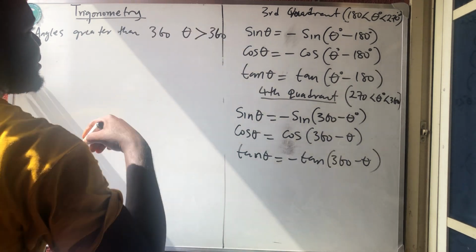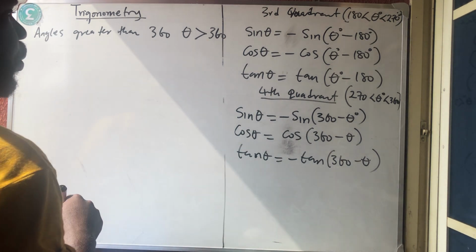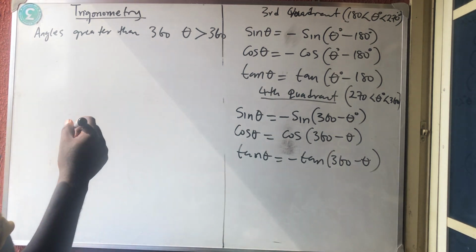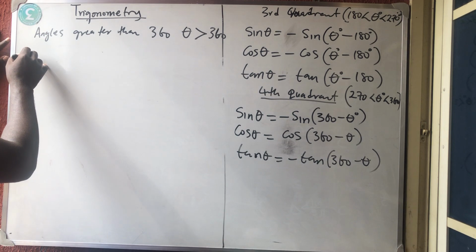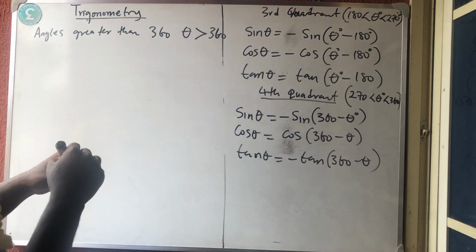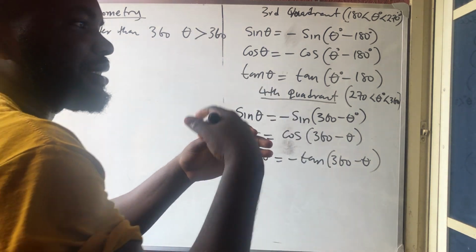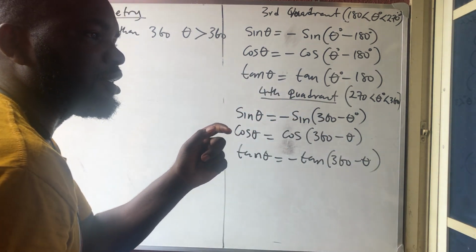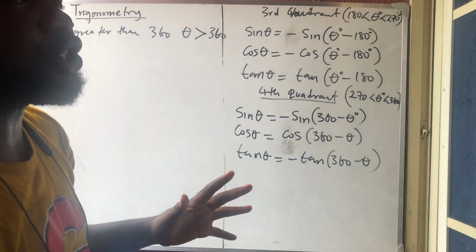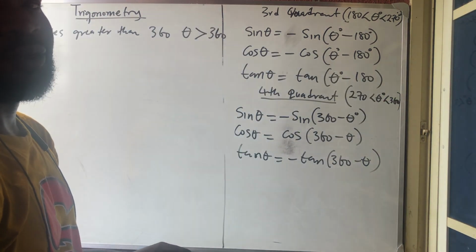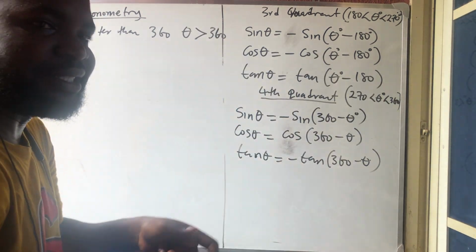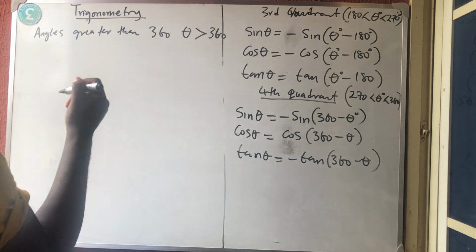Now, if theta is greater than 360, look at what you do for me. Whenever theta is greater than 360, what we do is we keep subtracting 360 until it will naturally fall in a quadrant. Once it falls in a quadrant, then you will now start doing what you are supposed to do.